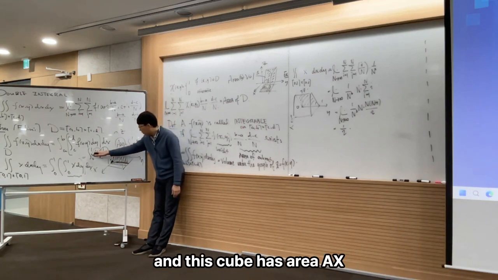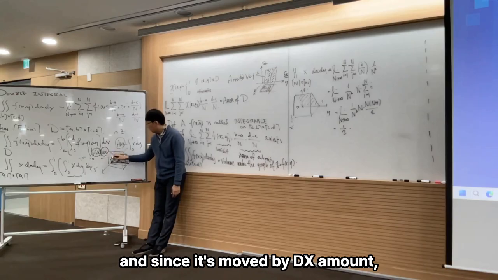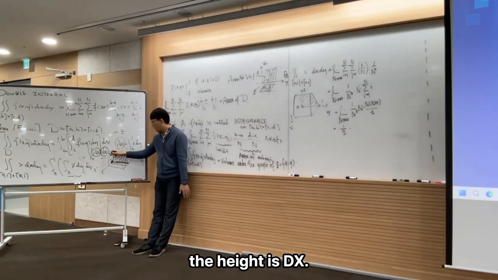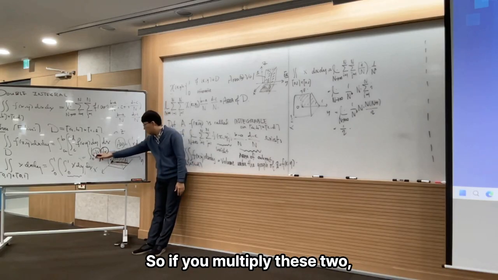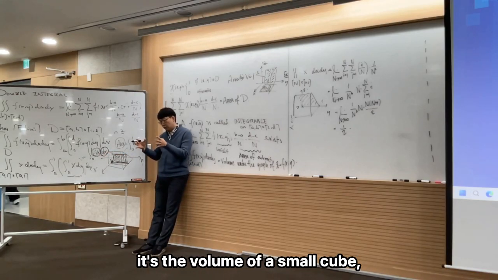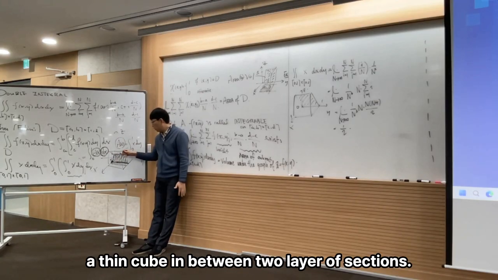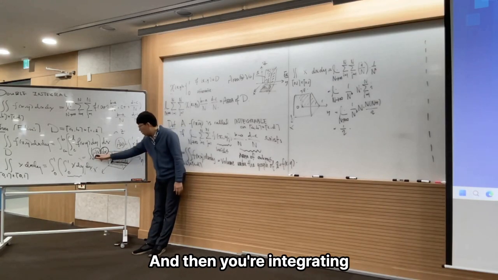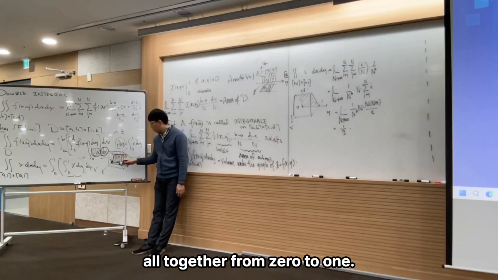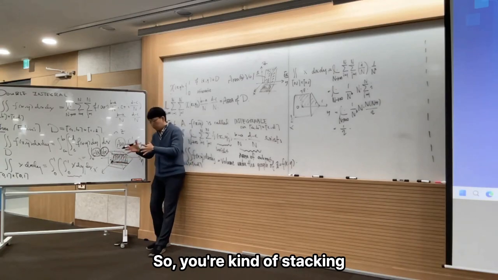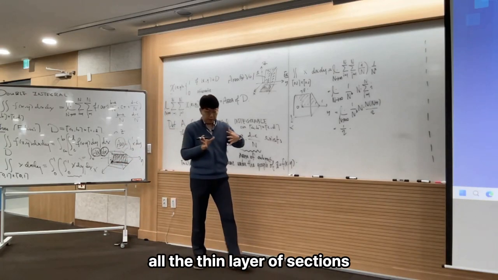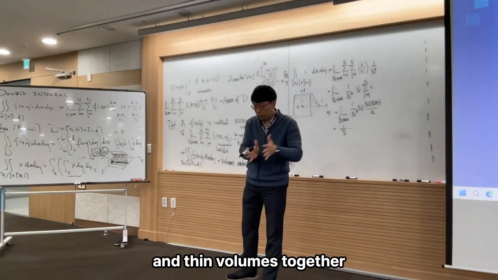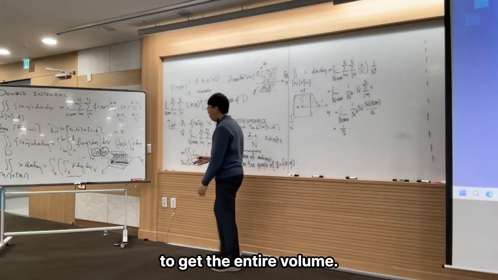This cube has area a(x), and since it's moved by dx, the height is dx. If you multiply these two, it's the volume of a small, thin cube in between two layers of sections. Then you're integrating all together from 0 to 1. So you're stacking all the thin layers of sections together to get the entire volume.